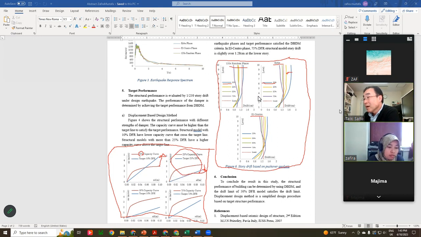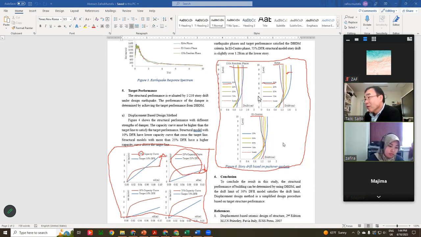But if we look at El Centro, Sensei, 75 at the bottom story exceeded the limit drift. So the most considerable design is 50%. If you can see El Centro and Kobe, it doesn't exceed much compared to the maximum drift.